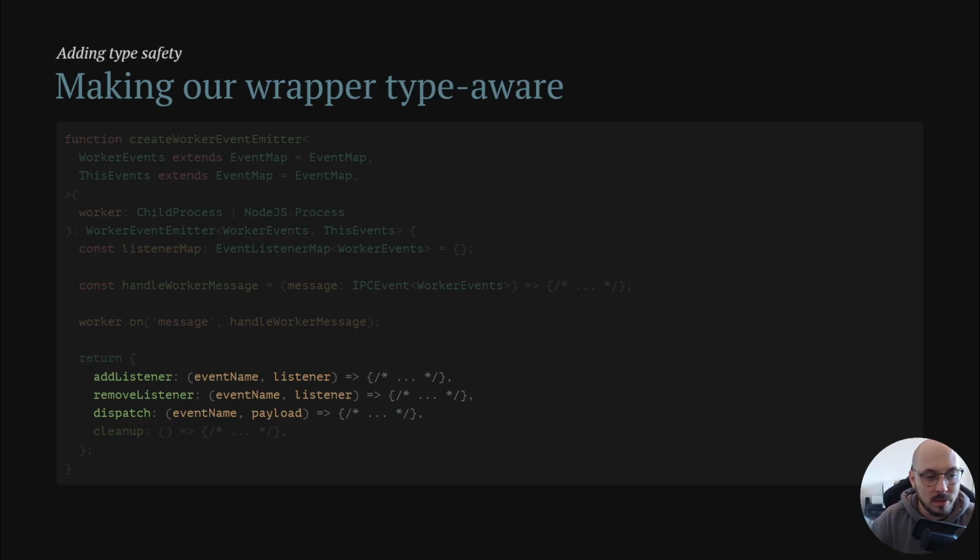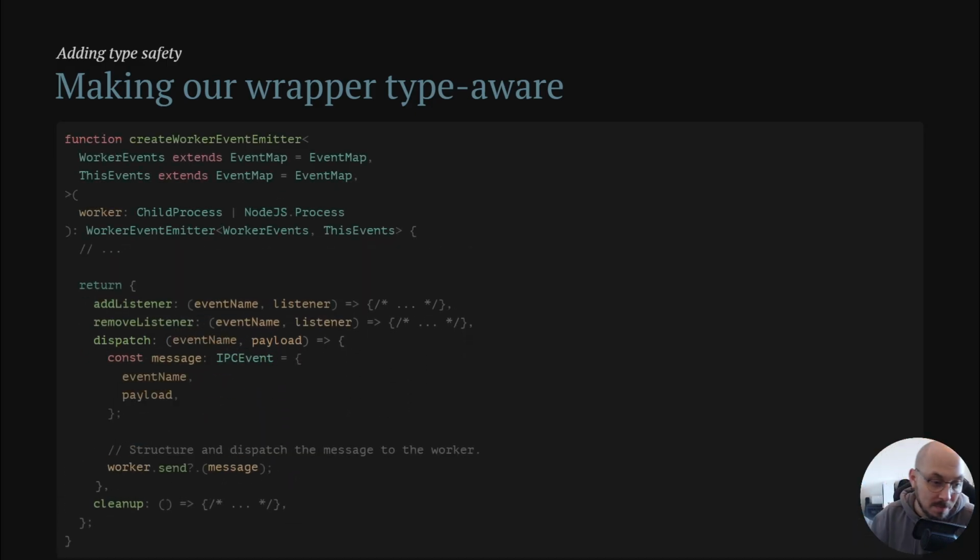Now, there is one thing. We don't have to do anything, by the way, to add listener and remove listener. Once we remove the explicit types, we're golden. But there is some stuff we have to do for dispatch. But luckily, it's not a lot. We just tell it what kind of event it's going to be. That's pretty much it. So we just have added this generic here for this event. Again, the outgoing messages.